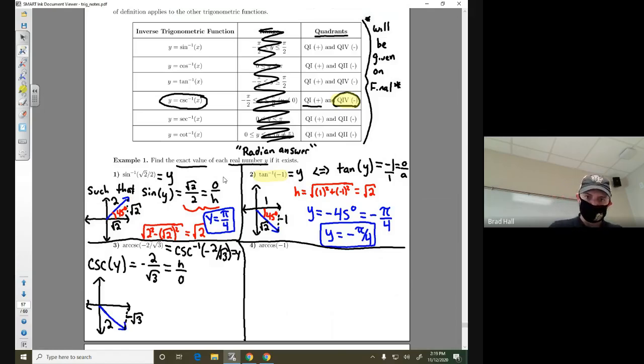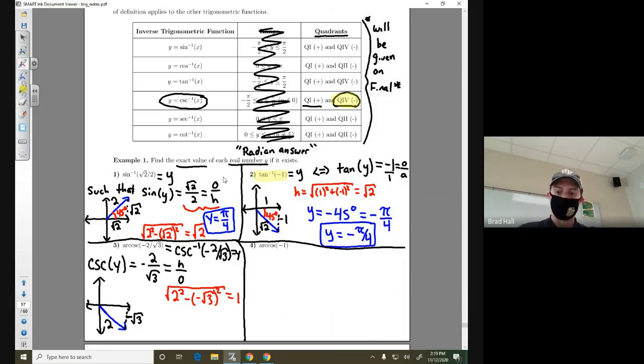If you use the Pythagorean theorem to figure out the missing side, we get 2 squared minus negative square root of 3, quantity squared. Really, you get 4 minus 3, which is 1.